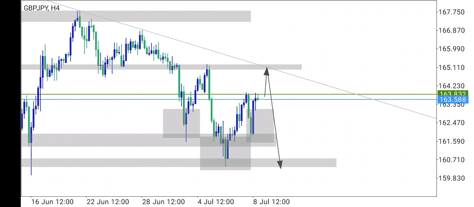This is the first bias on this GBPJPY. Price will push up, push through, before moving down. This is the general analysis on this now.